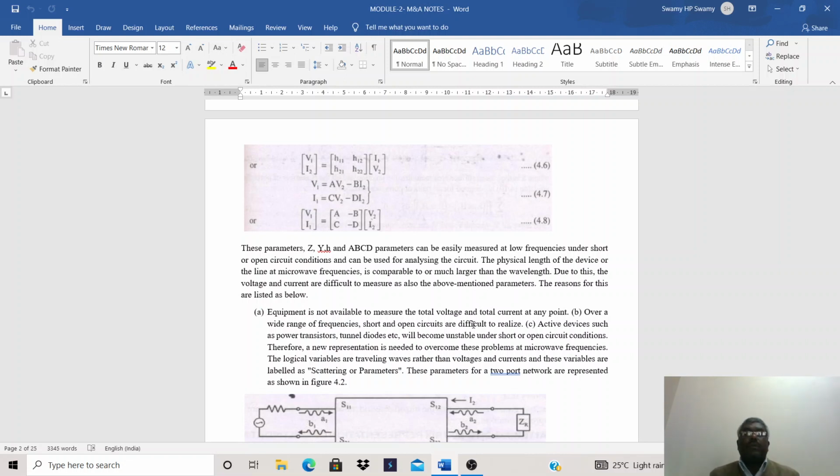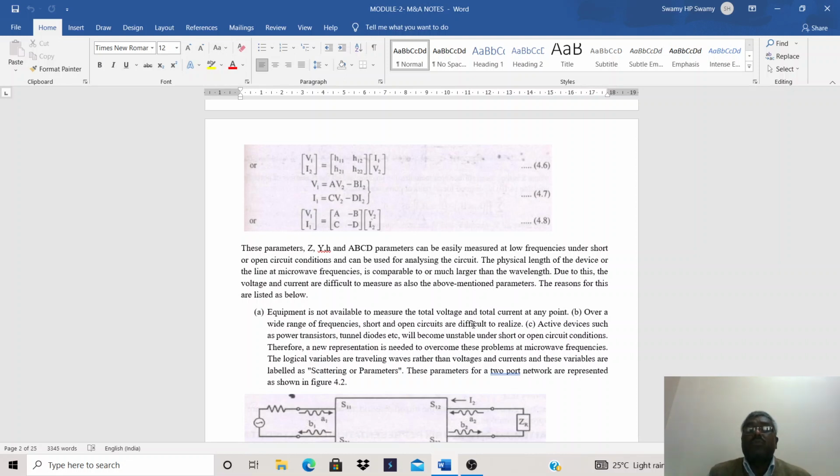The logical variables are traveling waves rather than voltages and currents, and these variables are labeled as scattering parameters.